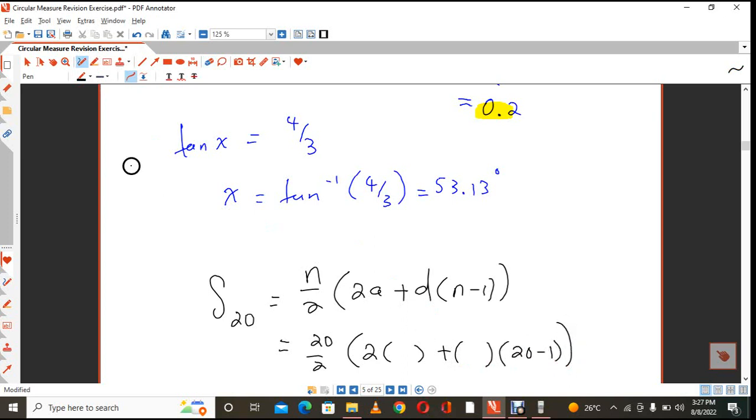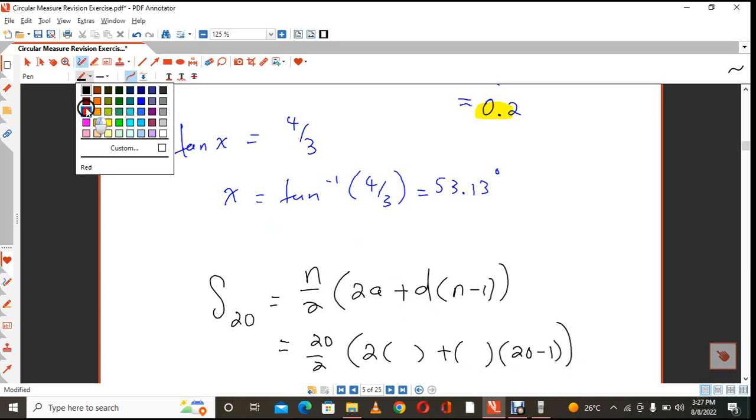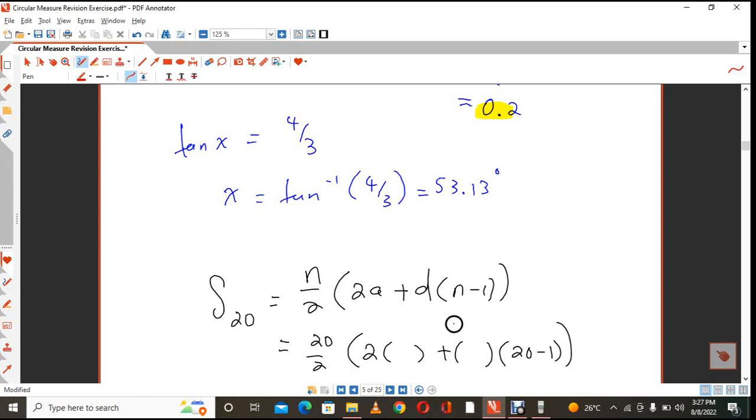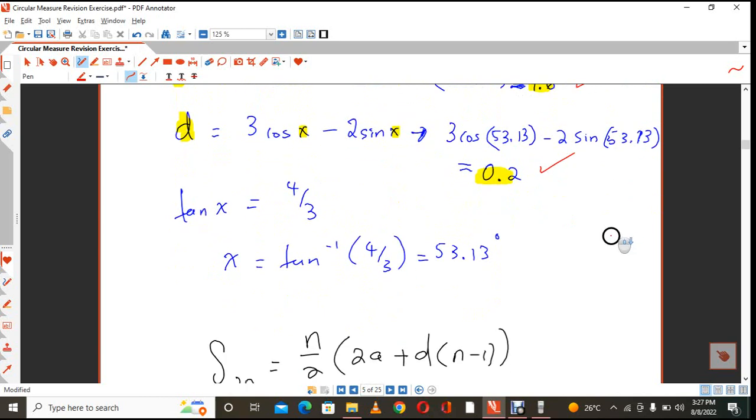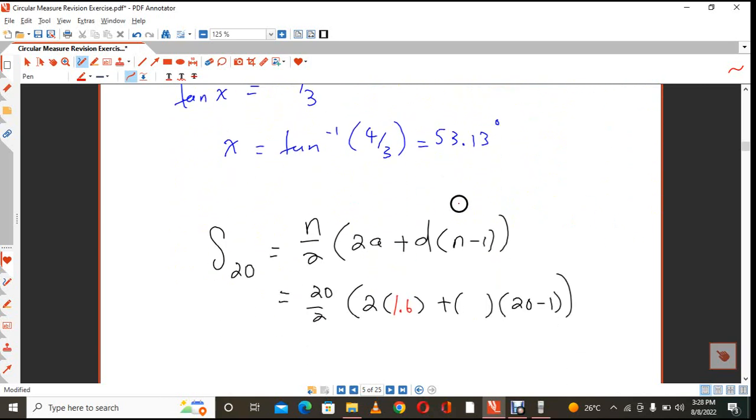So let us just insert the values. What is our a? Our a was 1.6. I hope you still remember from our previous work here. Our a is 1.6. Our d is 0.2. So we're just going to insert those values and then multiply out.